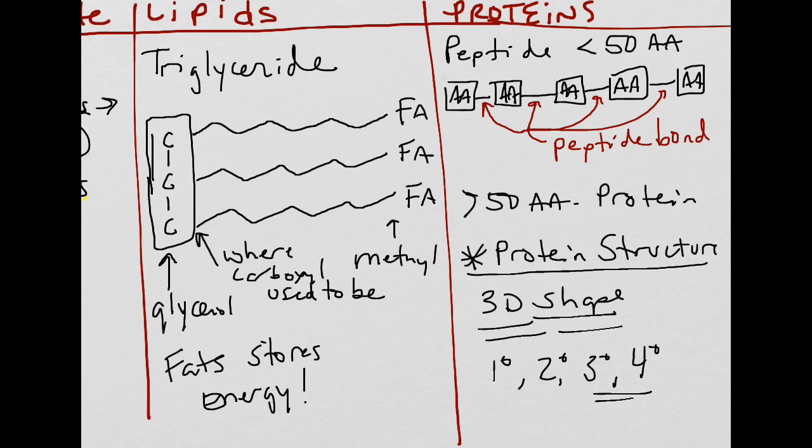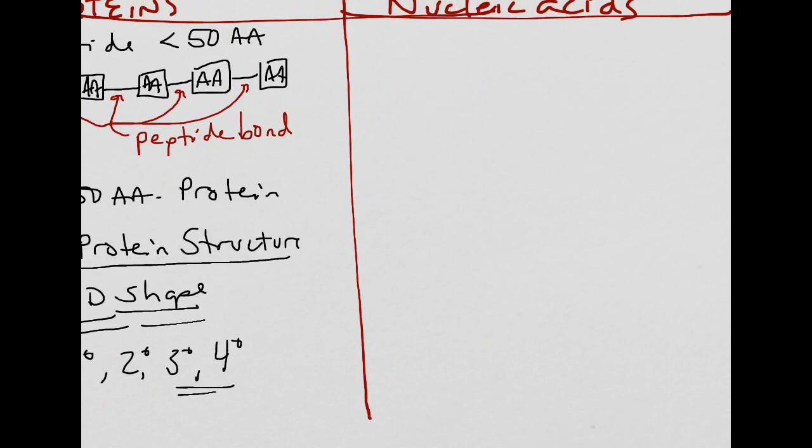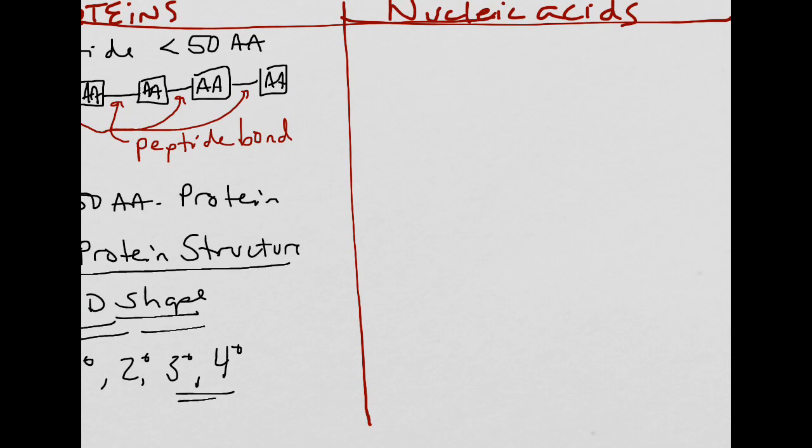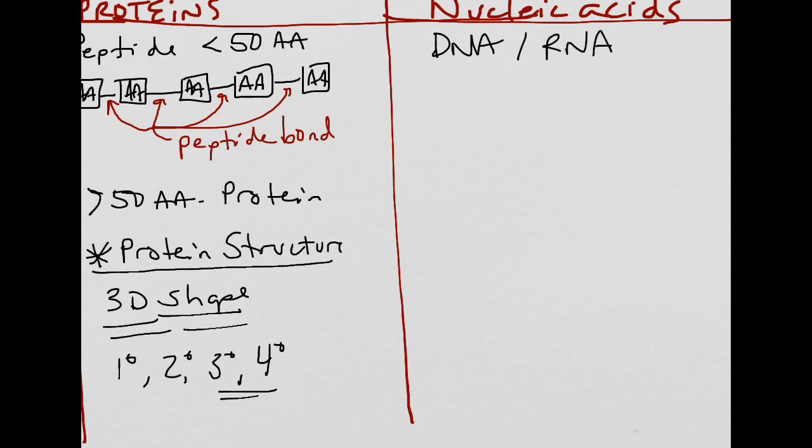All right. Lastly, polymers, nucleic acids. You're looking at DNA and RNA. For those, I'm going to draw DNA, just a generic DNA here. Remember that the phosphate of one nucleotide connects to the sugar of the next nucleotide.